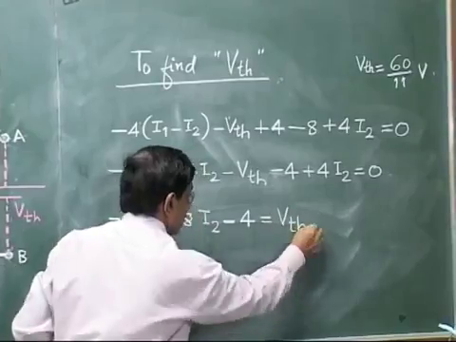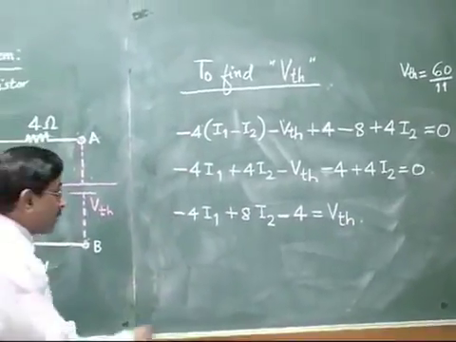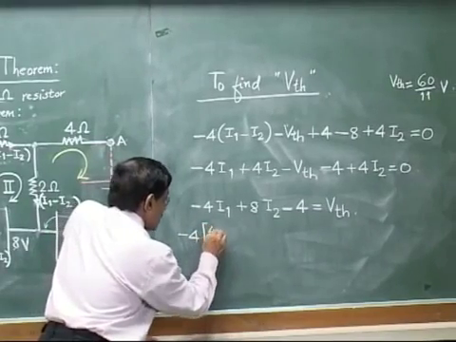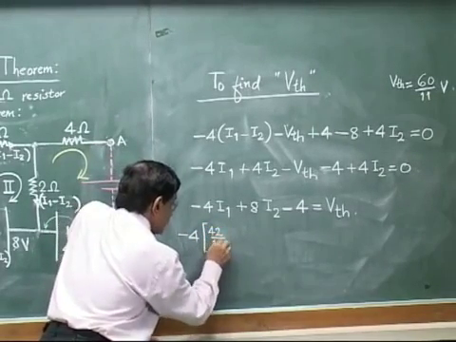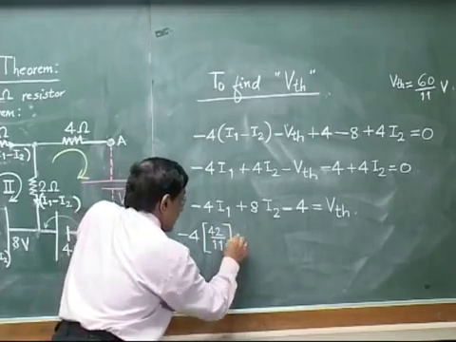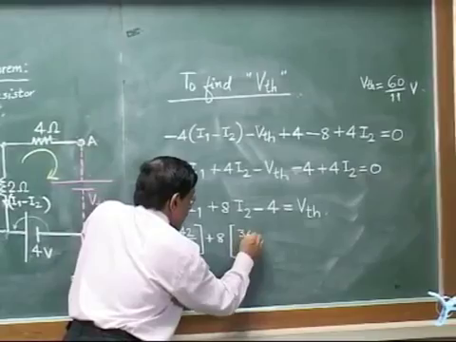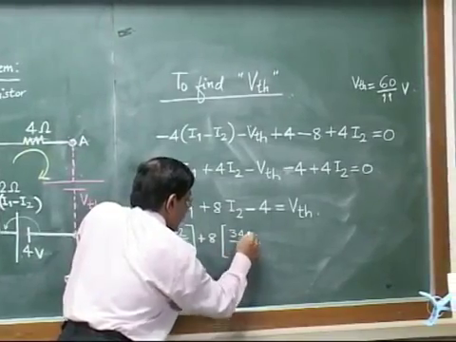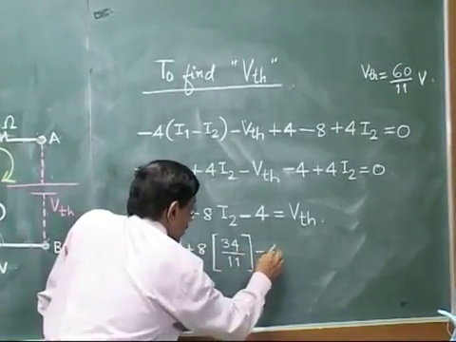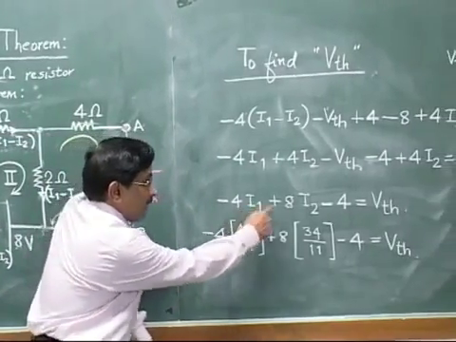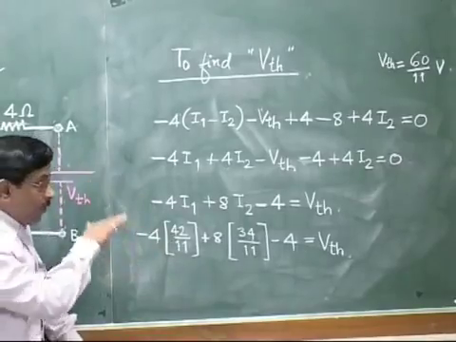Now let us introduce the values again. Minus 4 times, what was our I1? Our I1 was 42 by 11, plus 8 I2. What was our value for I2? 34 by 11, minus 4. So at this step we have put the values of I1 and I2 as we have got earlier.